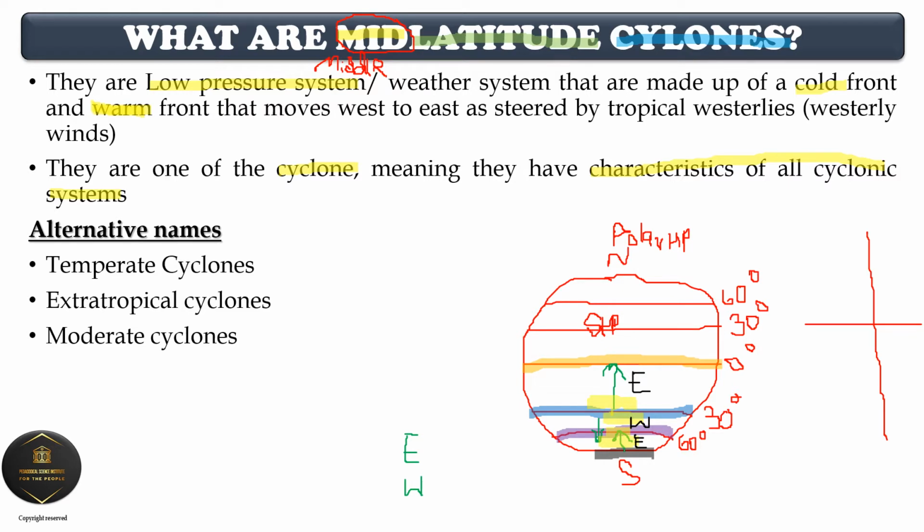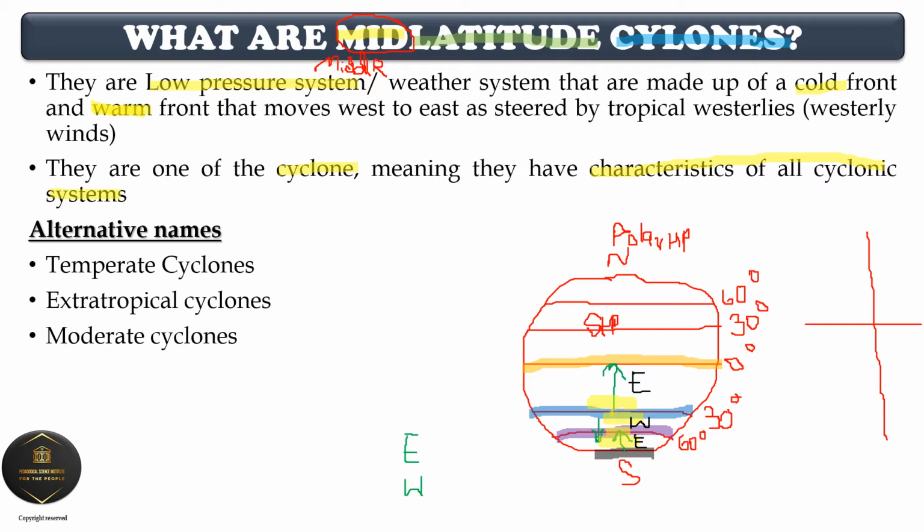Yeah. So as much as they have now the name Mid-Latitude Cyclone, which is self-explanatory really, they also have alternative names. You can think about it in this way. For example, my name is Peter Mbuisa, right? But I also have an alternative name, and my alternative name is Kabelo.